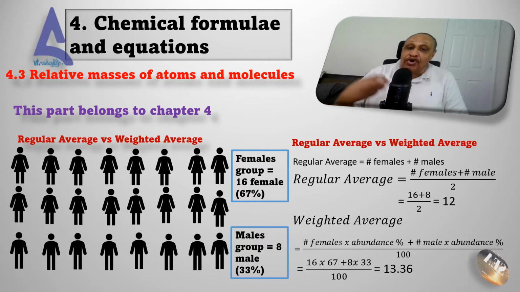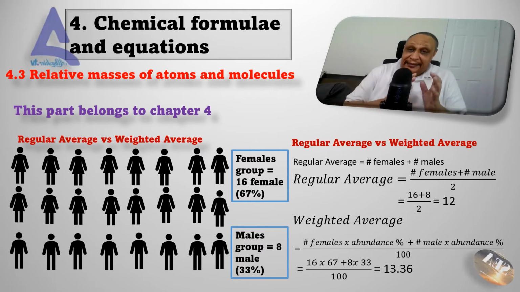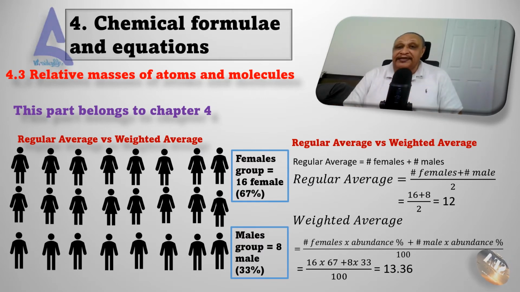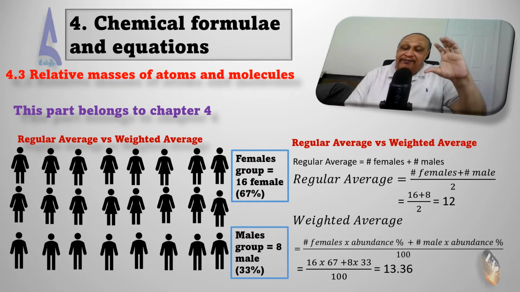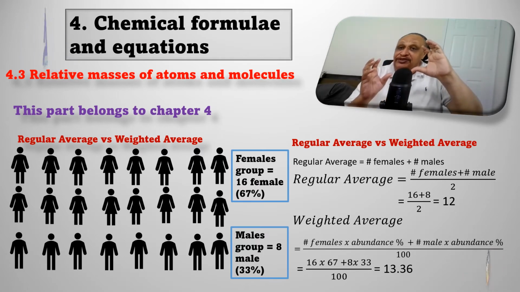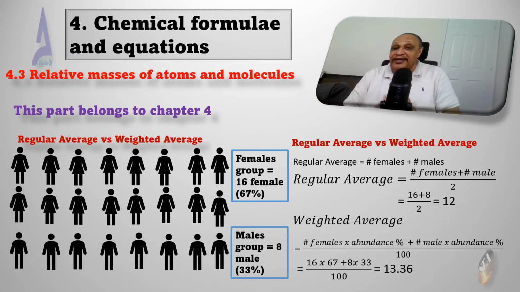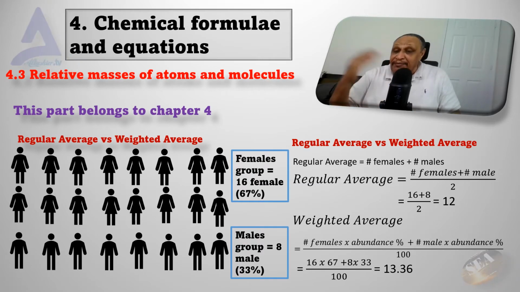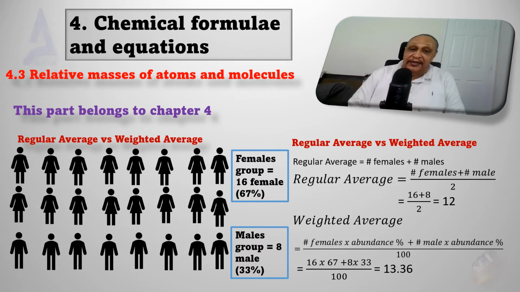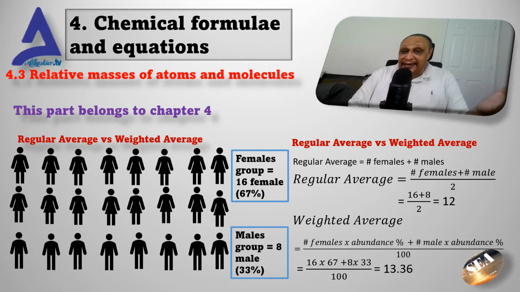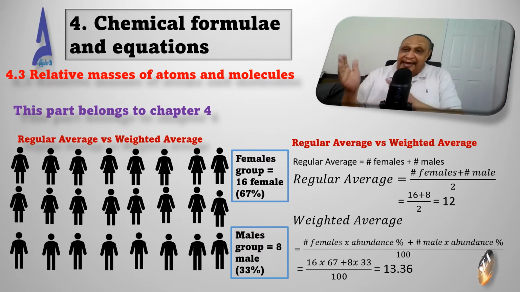Females are more than males, so the mean should lean towards them. We have 16 females, so it becomes 13, which is nearby the female total, while it is far away from the contribution of the males, which is 8.